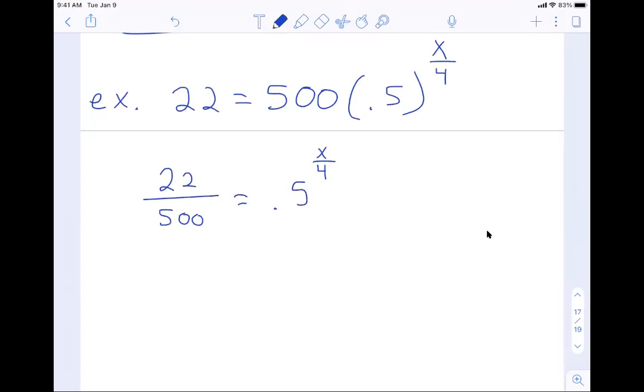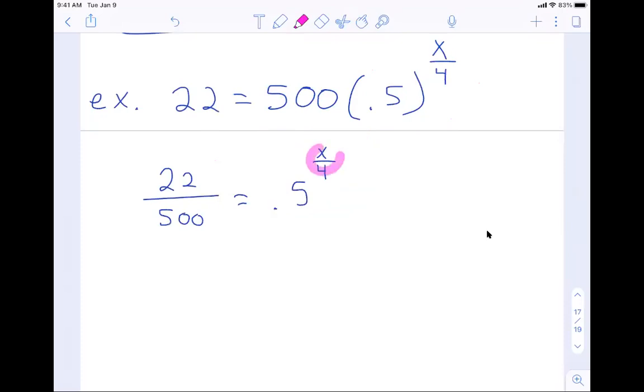Wait, so we're trying to separate the x from the other side? We're trying to get this by itself. So the first thing we want to do is move this to the other side by dividing by 500. So that leaves just this on the right-hand side here.